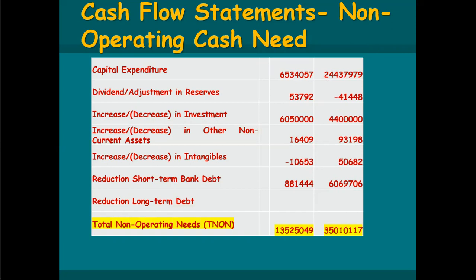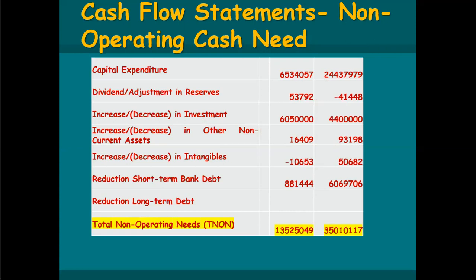Thereafter, increase and decrease in intangibles: in the second year, it's negative, and in the first and third year, it's positive. Thereafter, reduction in short-term bank debt: you will find a positive reduction in both cases. For the reduction in long-term debt, here we have no figure for this change.